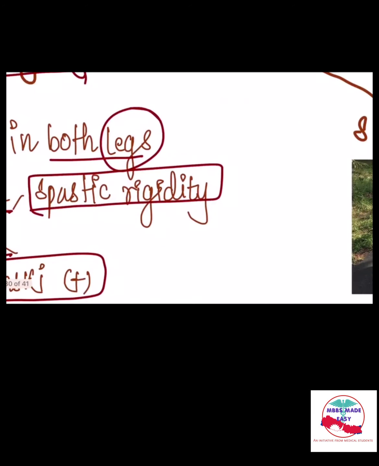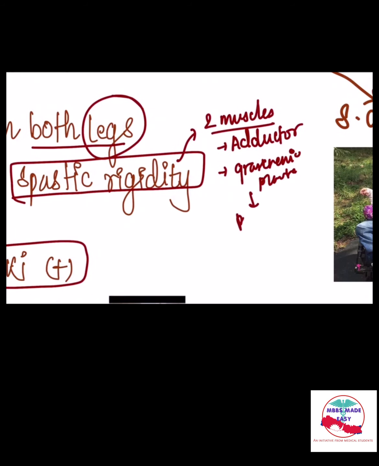One thing to note is that in the lower limb, two muscle groups have more pronounced spasms: the medial compartment muscles of the thigh, that is to say the adductor muscles, which have excessive spasms, and secondly the muscles of the posterior compartment of the leg.